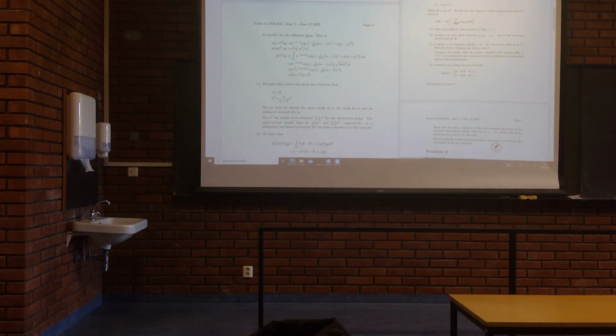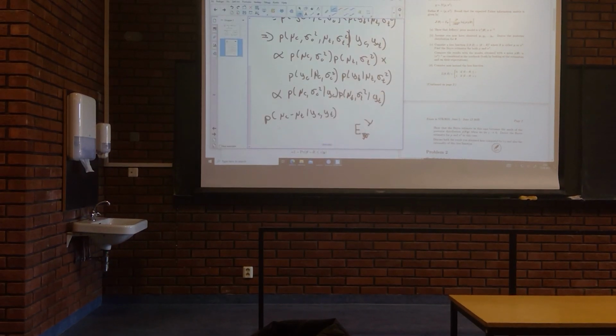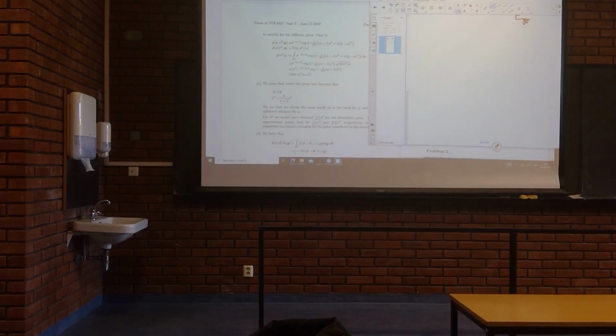So what we need to do in order to find this Bayes estimator is to find the conditional expectation of mu and the conditional expectation of sigma squared. Let's have a look at this.